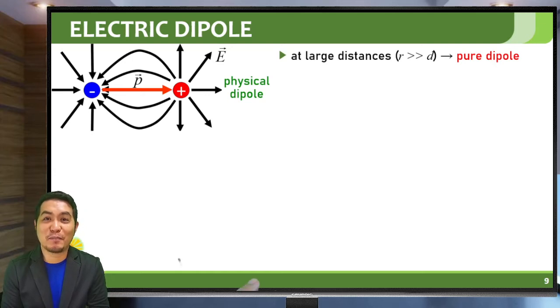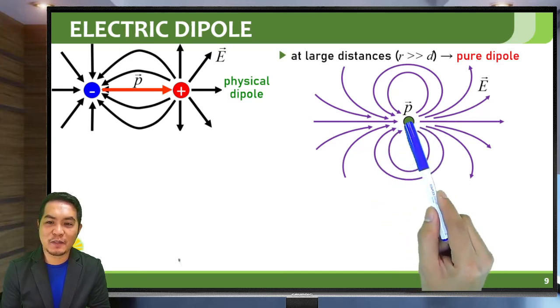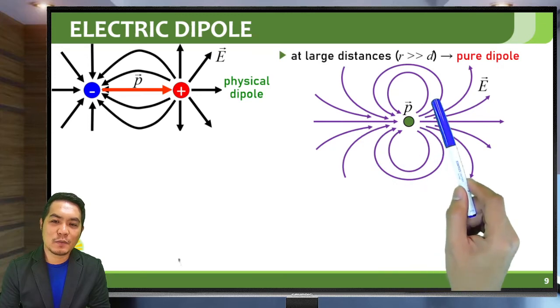It's similar to a point charge. If you draw a point charge or a point dipole, they're just points, but instead, it's a dipole. A pure dipole no longer has a separation distance, so you can no longer see the positive or negative charges. Instead you will see just a single point, and the electric field lines will now look like this.